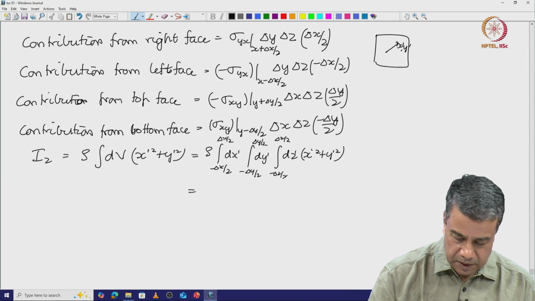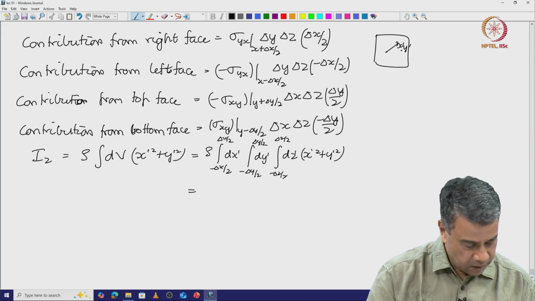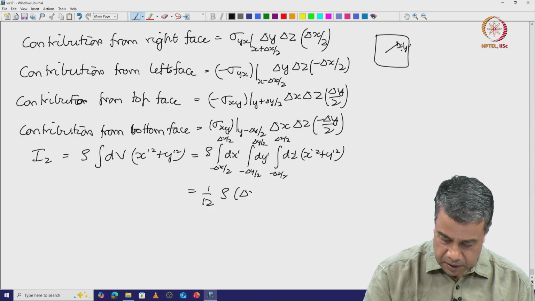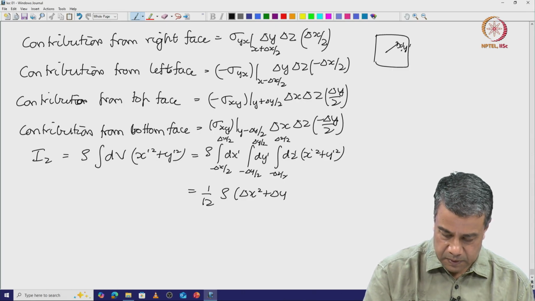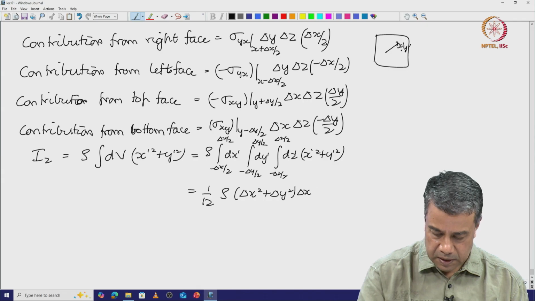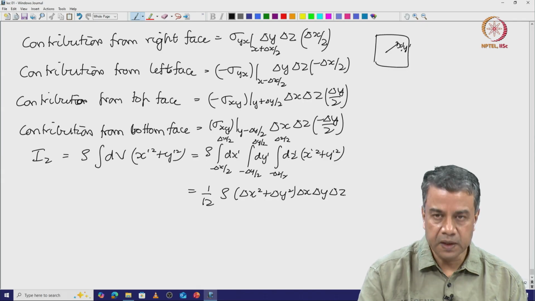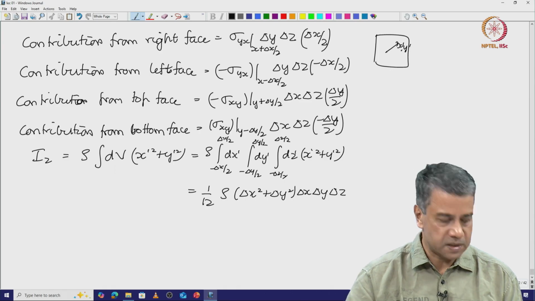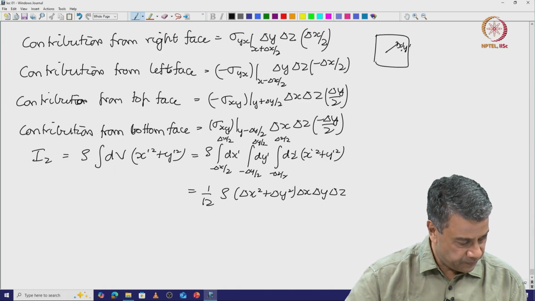And this you can easily calculate is 1 over 12 rho into delta x square plus delta y square into delta x delta y delta z. Delta x delta y delta z is the volume times a characteristic distance square, which is delta x square plus delta y square.